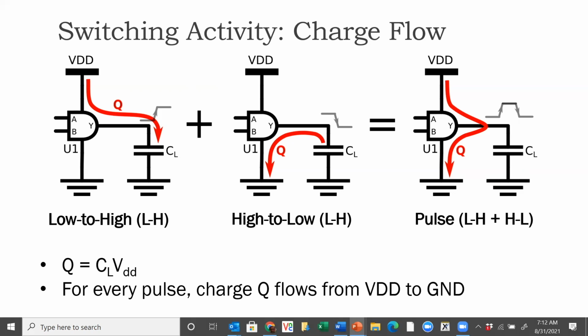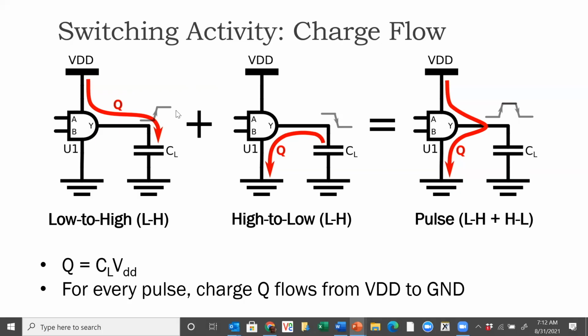As the output goes low to high, current flows from VDD through the 2-input AND gate and charges up the load capacitance. And when the output of the AND gate goes high to low, then the load capacitance gets discharged, and the same charge Q then flows from the load capacitance to ground.